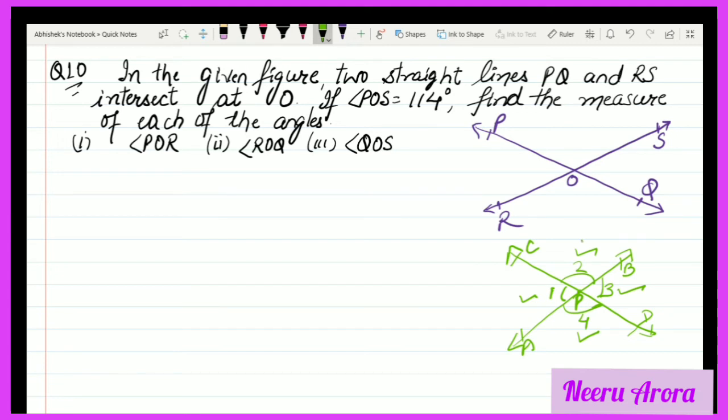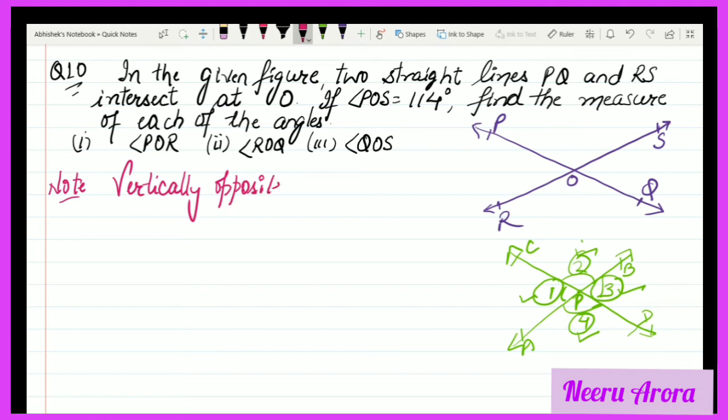These are called vertically opposite angles. 2 and 4 are also called vertically opposite angles. And we know vertically opposite angles are equal. Always remember, vertically opposite angles are equal.